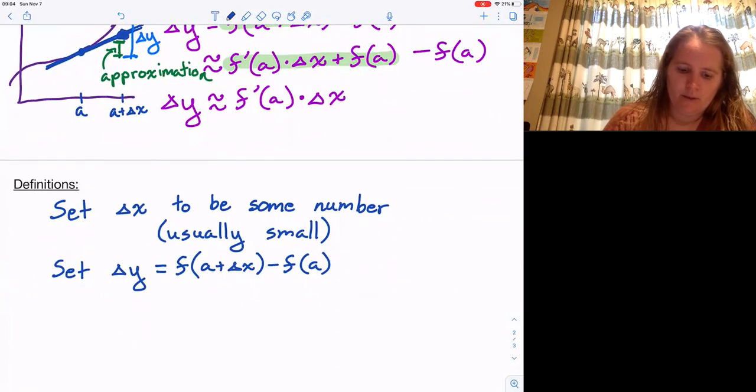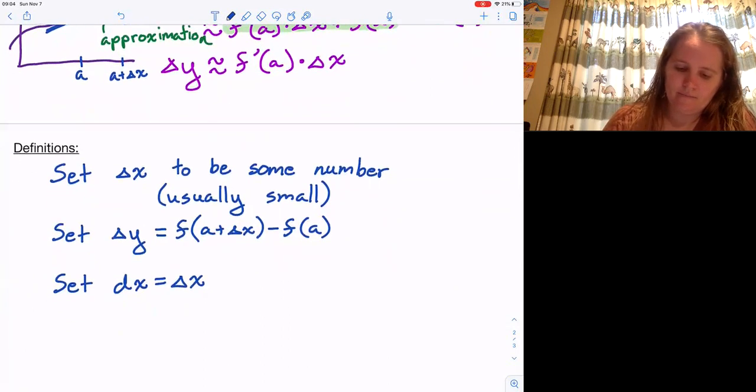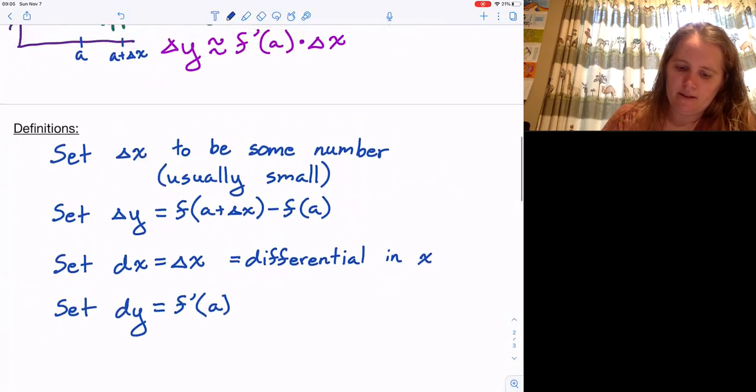And then if we set dx simply to be that change in x, this is our differential for x. Then what we can do is we can set dy to be what we just found, f prime of a times the change in x.